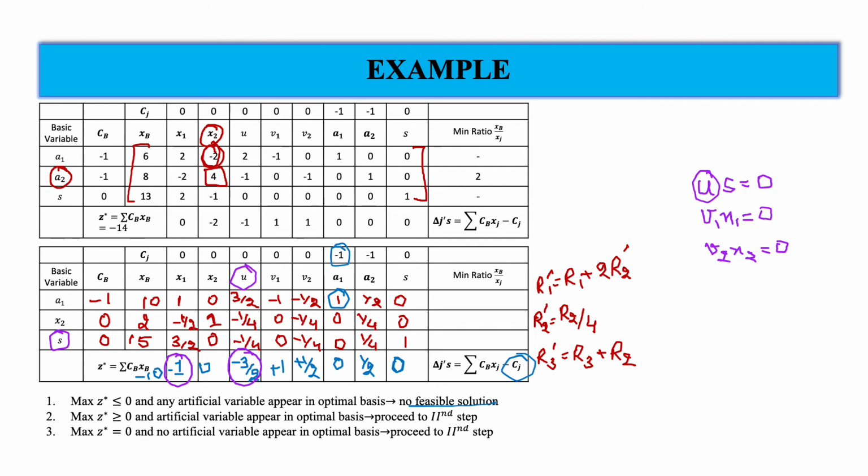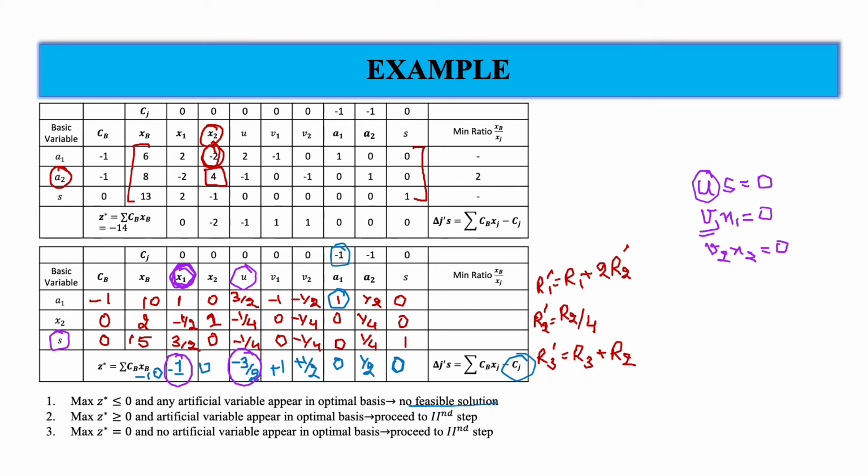That is, we can't enter u. So now the next is x1. x1 is our entering variable in this. What is the complementary of x1? x1's complementary is v1, and it is not in the basic variables.